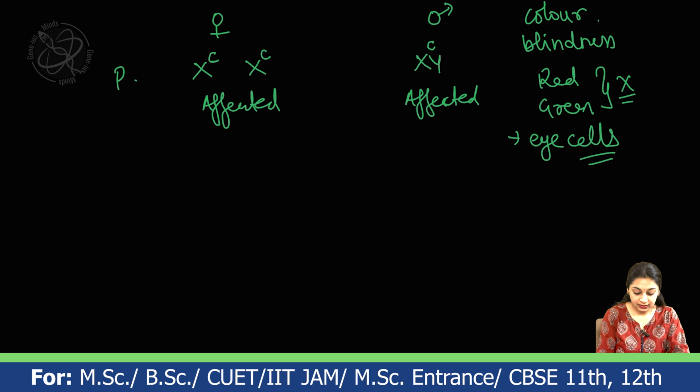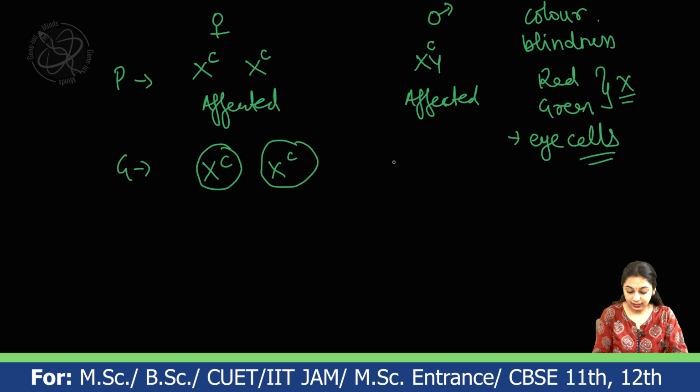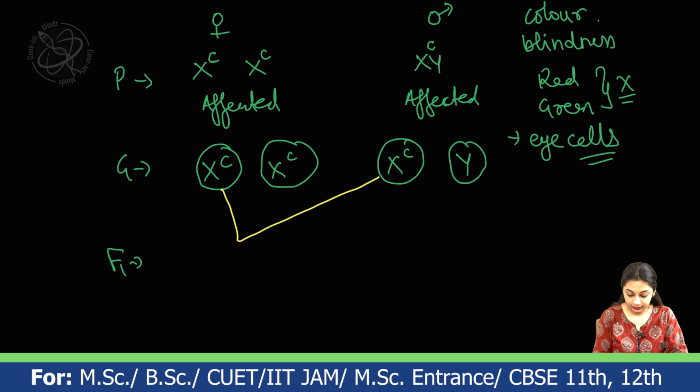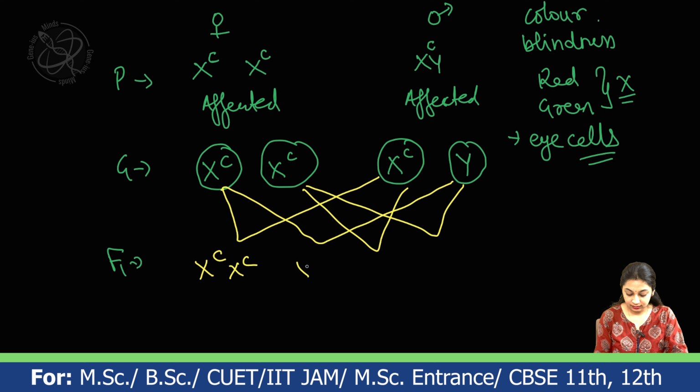Now, when we look at the gametes over here, the gametes will be XC, XC, and here XCY. Now, when we talk about the F1, let us do this cross. It will be XCXC, XCY, XCXC, XCY.